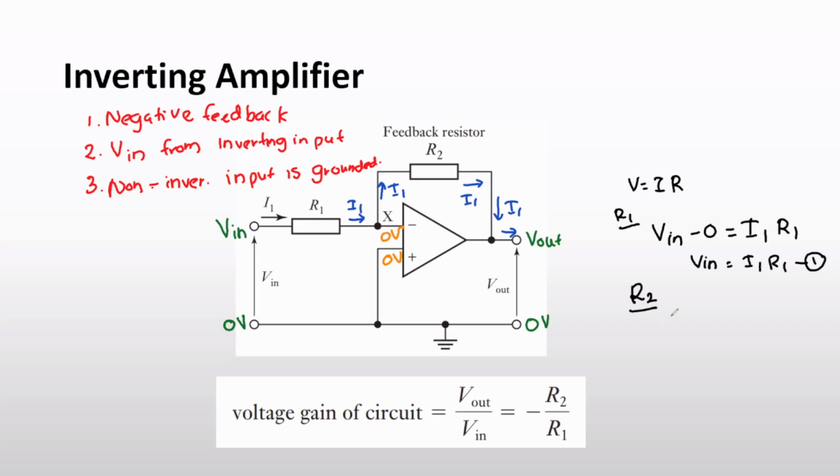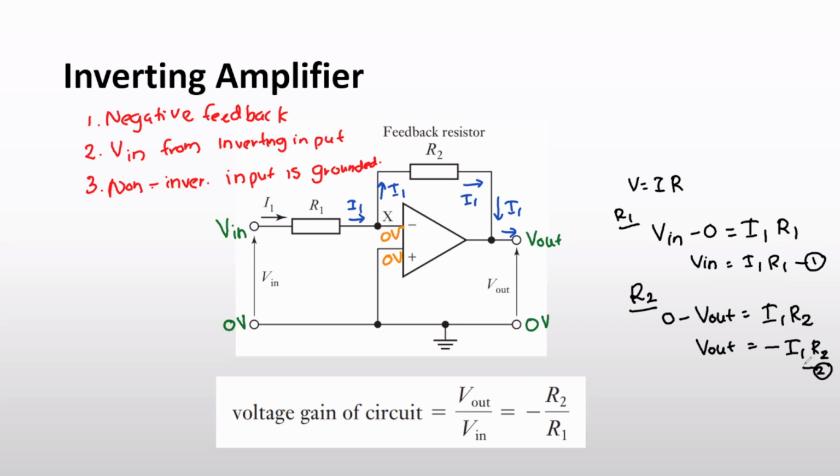Therefore 0 minus V out is equal to the current through it, I1, times R2. And you get the second equation as V out equals minus I1 R2.